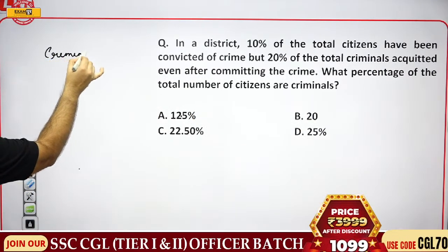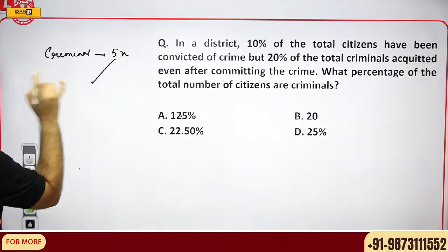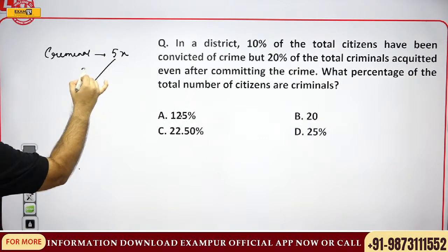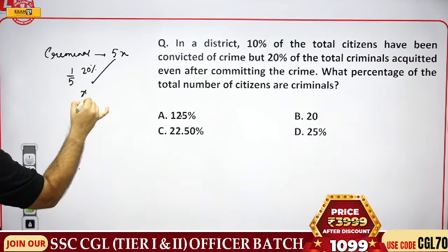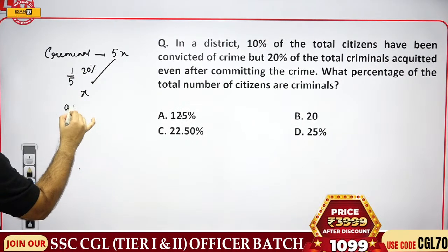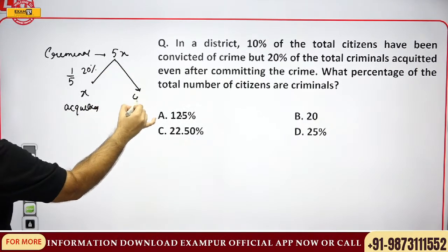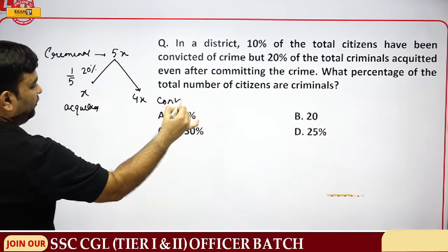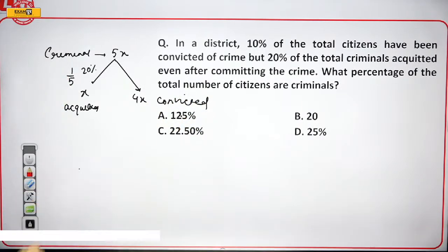You can take X as well, but because of this 20%, I'm taking 5X. 20% of the criminals are acquitted. 20% means 1 by 5. 1 by 5 of 5X is X, acquitted. So the remaining 4X are convicted.